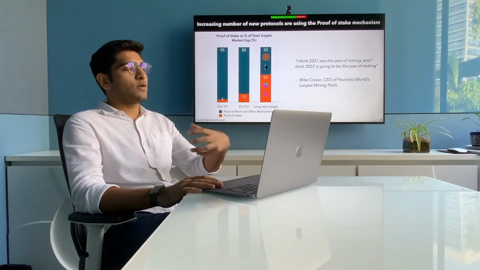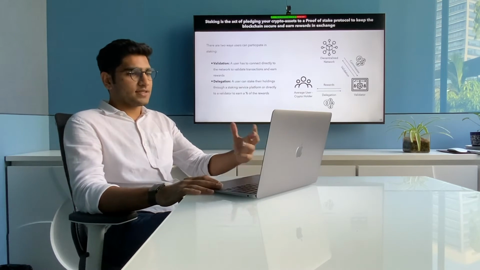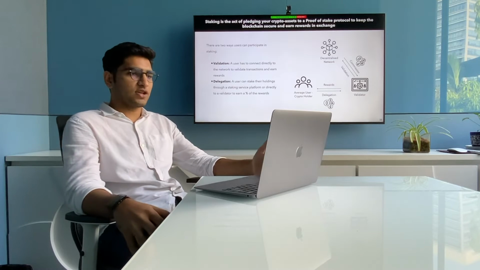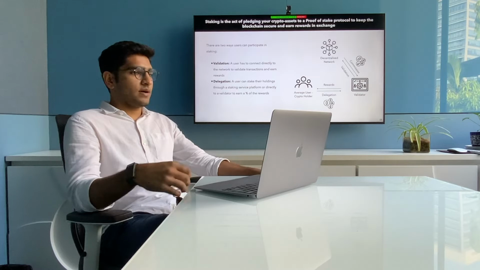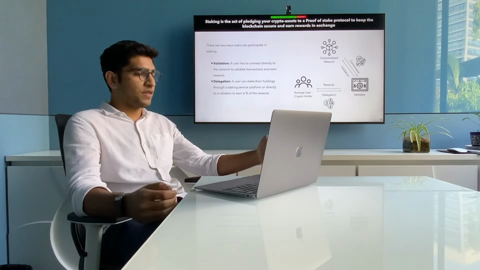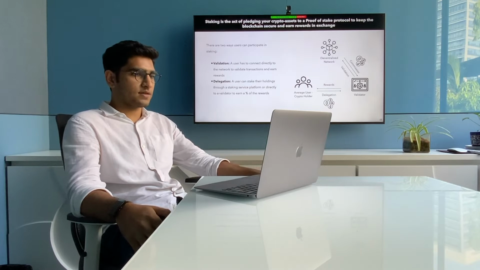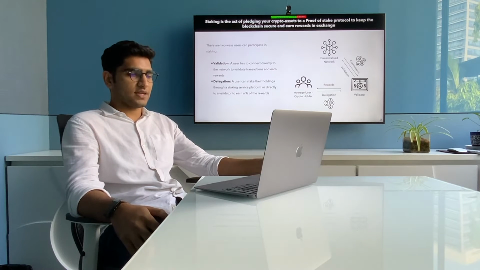Now, in proof of stake, we talk about providing collateral. That's known as staking. What is staking? Staking is the act of pledging your crypto assets to a proof of stake protocol, which keeps the blockchain secure, as well as you're able to earn rewards for processing transactions. Within that, we have two different participants. We have the validator that's connected directly to the network to validate these transactions.